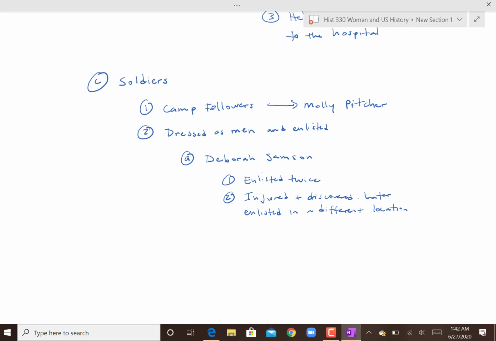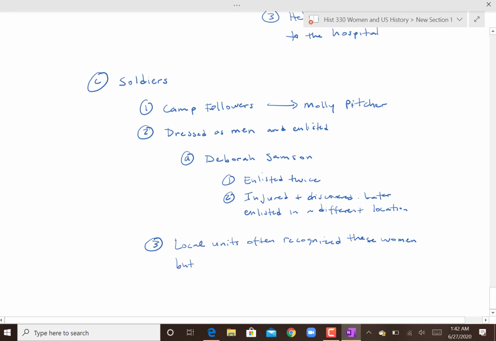This was one, they were recognized often by, so there's two parts to this. Let's say the local units often recognized these women. Talked about once they discovered that they were women, how brave they were, and how important they were in fighting, and how they would have them any time as a fellow soldier.